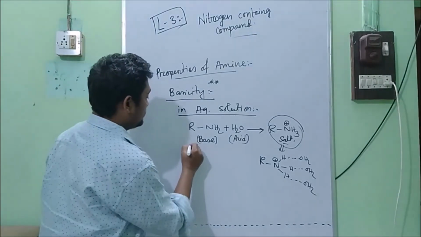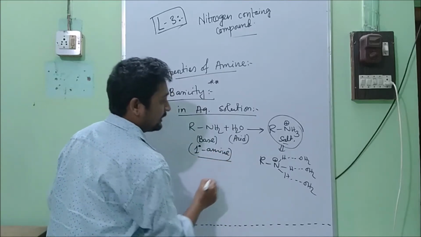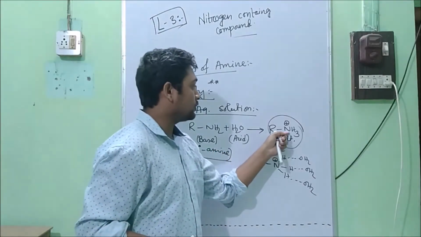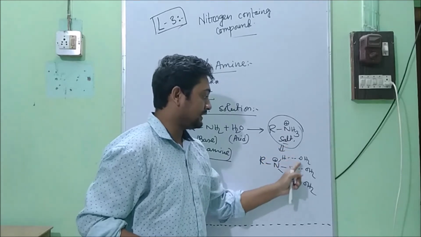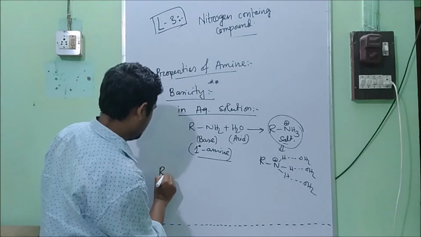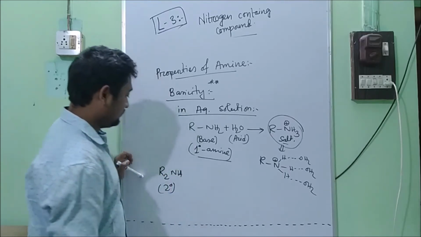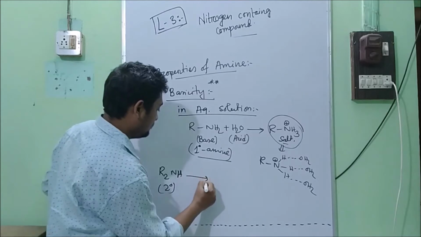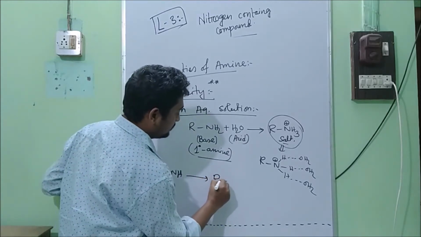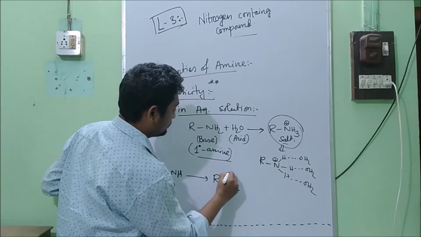Now this is the 1 degree amine. In the case of 1 degree amine, the conjugate acid is stabilized by 3 hydrogen bonds. Now let's see for 2 degree amine. It will convert into R2NH2 positive.